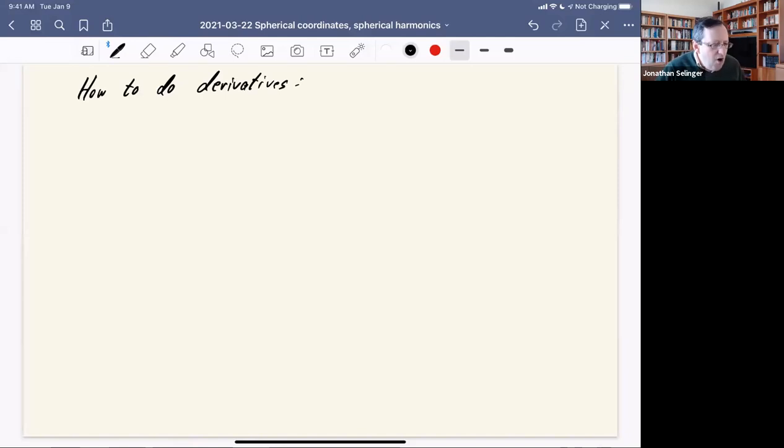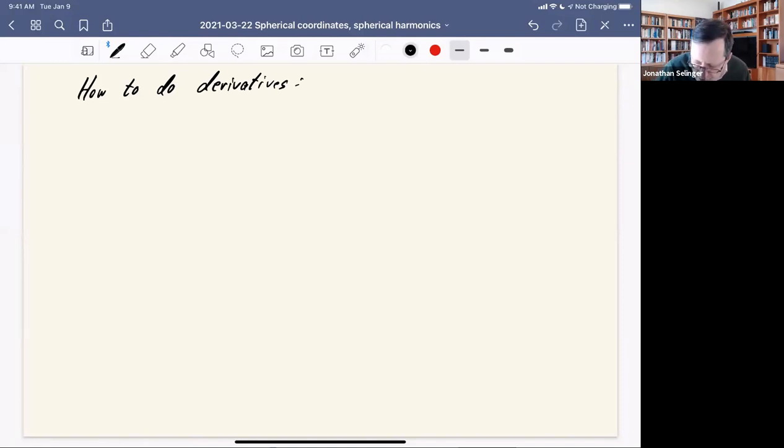All of these things are a little bit different in spherical coordinates than they are in Cartesian coordinates. And so I'll show you what the rules are.